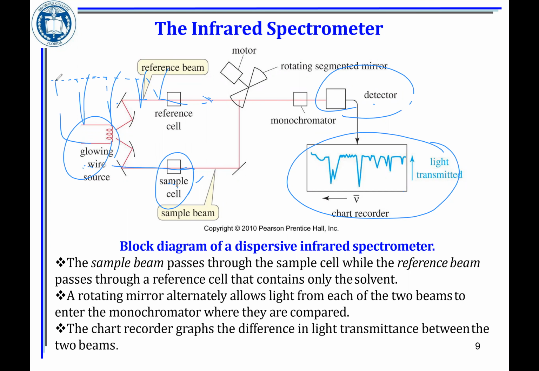Then the recorder records that, and it will give you the IR spectrum. So it's comparing the two pieces of the light, one going straight without going through the sample as a reference, and the other going through the sample.